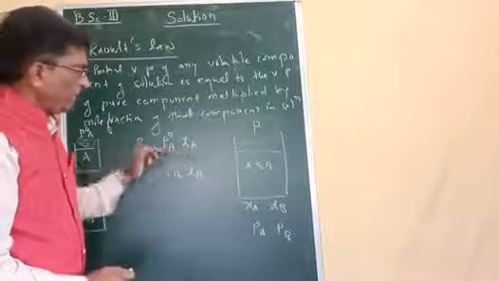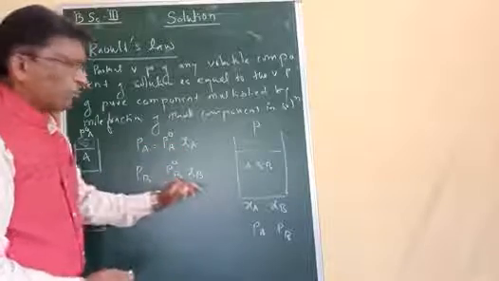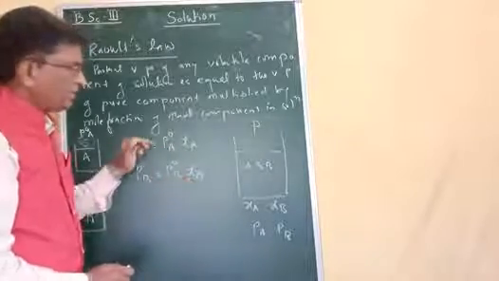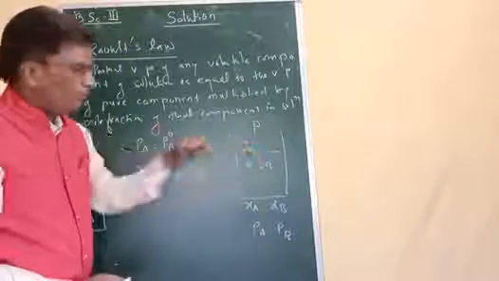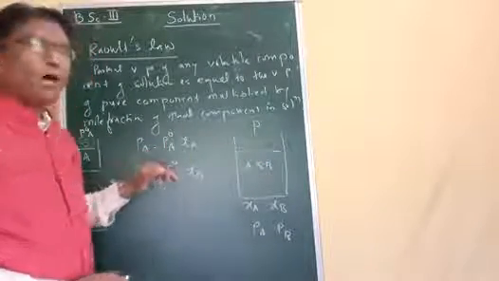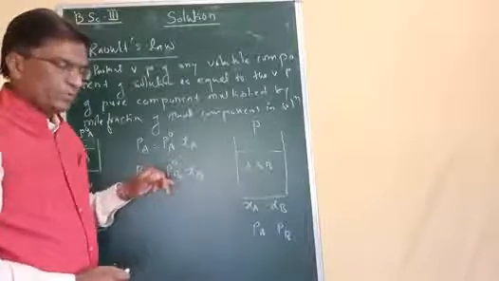Partial vapor pressure can be determined with the help of Raoult's law. Partial vapor pressure cannot be determined directly by the static method, but it can be determined with the help of this Raoult's law.